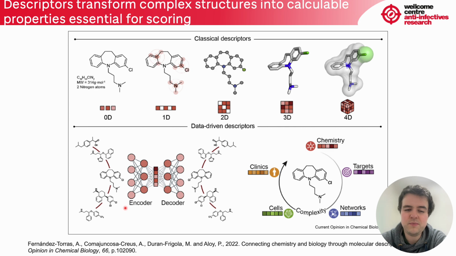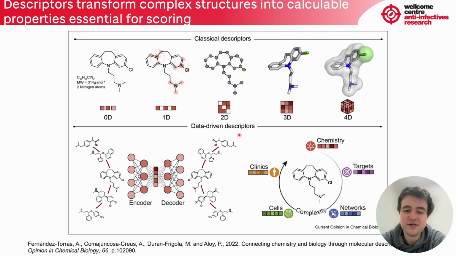When we go from encoding to decoding, we somehow capture the chemical space and how we represent molecules in the middle here. That's very attractive because we can use encoders to encode molecules, perhaps to do machine learning, but we can also use the decoder to transform that descriptor back into a chemical structure. These are known as data-driven descriptors because the latent space depends upon what we put in.